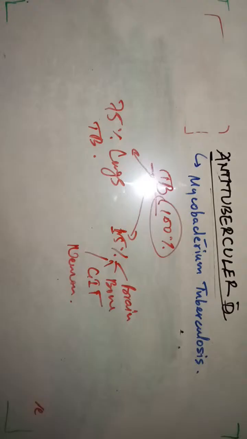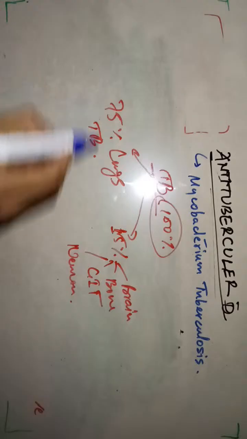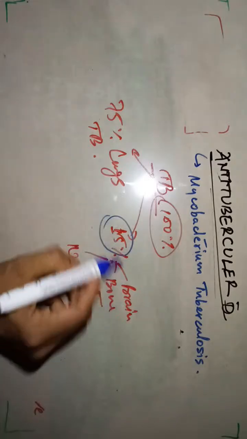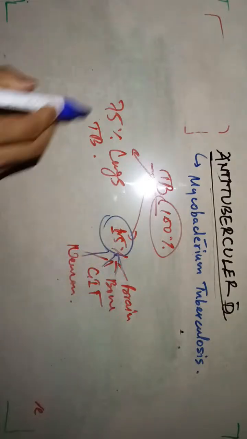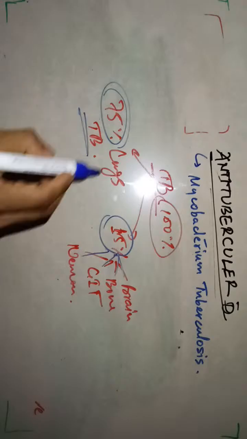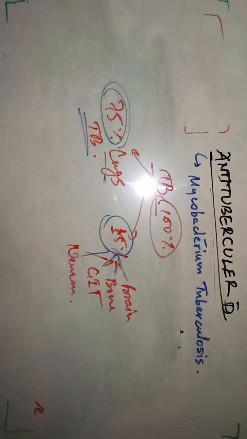So you have to remember that information. Only 15% is caused in brain, bone, GIT, and neuron, and the remaining 75% are lung TB only.